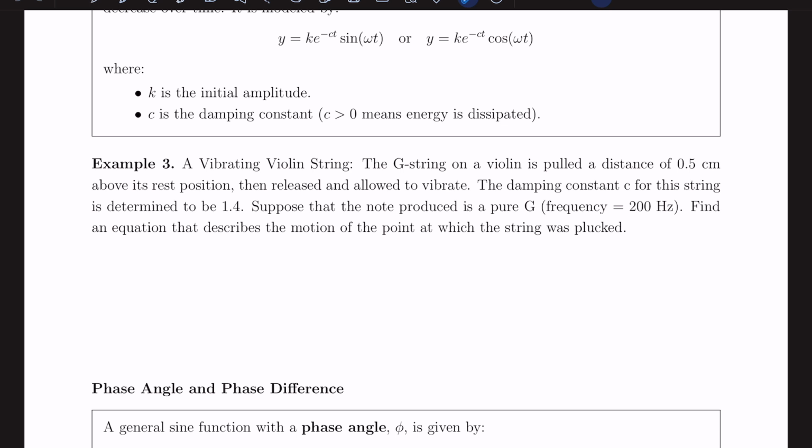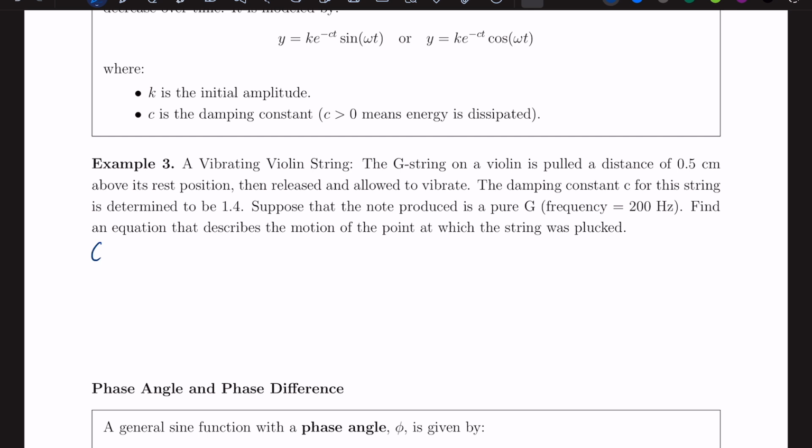Okay, so let's look at this and let's break it down very slowly. All right, so the first thing we need to do is, before we write sine or cosine, let's figure out which one we want first. So here we're going to start at a release position. So we're going to start at our amplitude. Therefore, we're going to want cosine. Let me just write here.